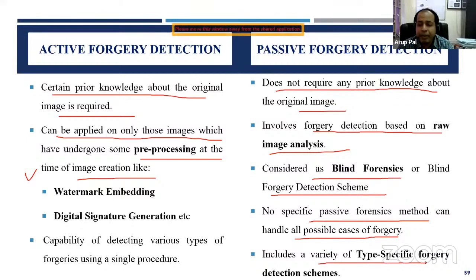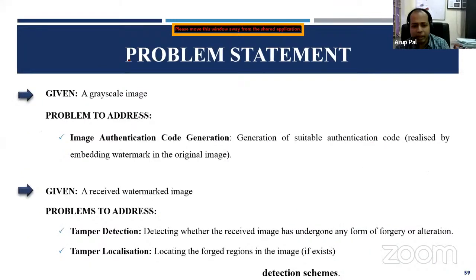It includes a variety of type-specific forgery detection schemes. So passive forensic is quite challenging. Active forensic can effectively locate the forged region, but passive forensic is quite challenging. So let's see one of the active forensics, and subsequently we'll see one of the passive forensics.